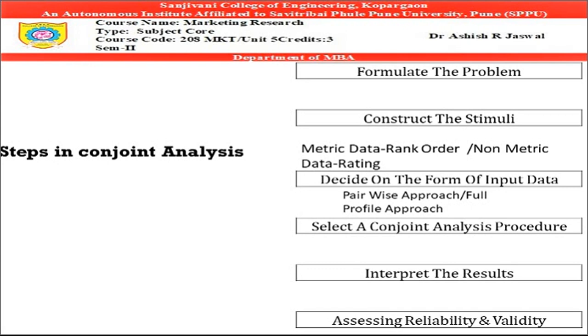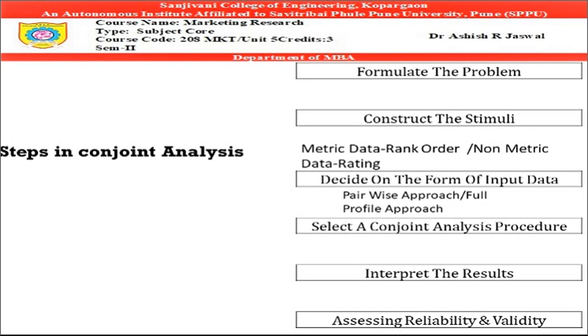Conjoint analysis is applicable only if the product has a bundle of attributes and we know what the important attributes are. Point number two. Point number three, respondents can reasonably rate the product. And the fourth criterion is that the attribute should be actionable. If applicable, we move forward with conjoint analysis.